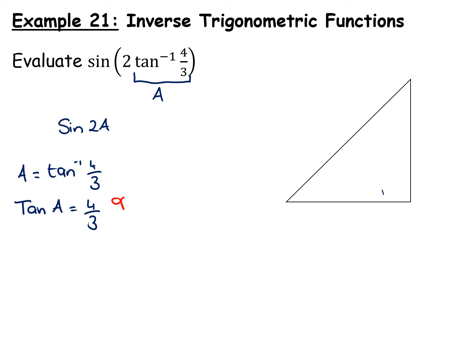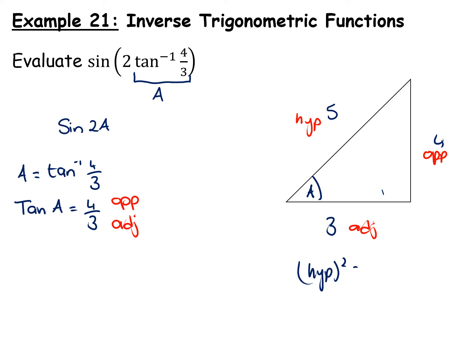Tan means opposite over adjacent. Here's my angle A, here's my opposite, here's my adjacent, here's my hypotenuse. So I know this is 3, I know this is 4, and my hypotenuse then works out as 5. You can work that with Pythagoras, or you might recognize this.